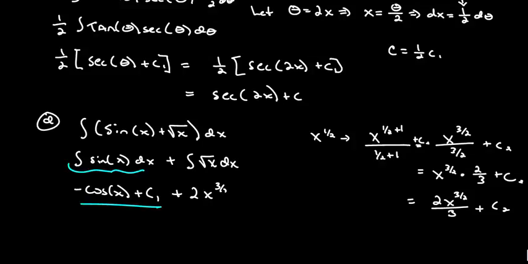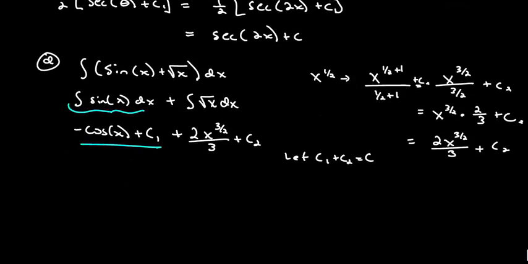Now if we let c1 plus c2 just be equal to some other variable, we'll call it c, then our antiderivative as a function of x is equal to 2x to the 3/2 over 3 minus the cosine of x plus the constant of integration.